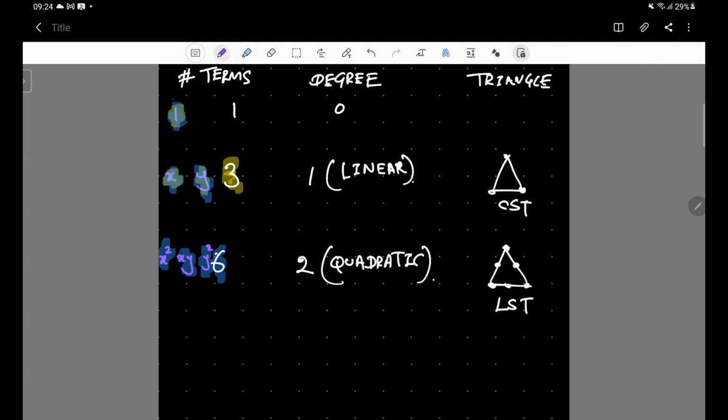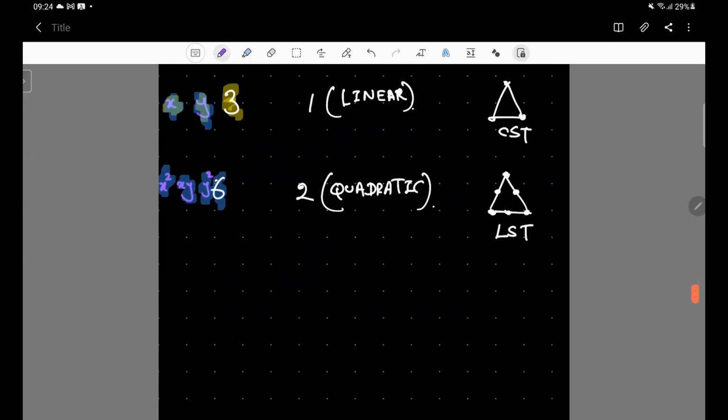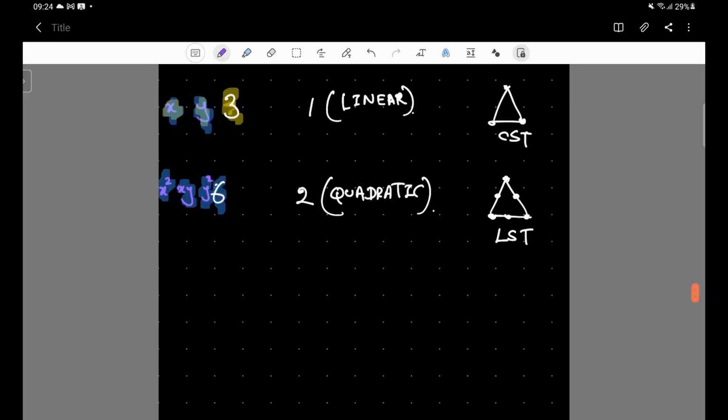Similarly, when we talk about quadrilateral strain elements, we will have extra cubic terms coming into play.